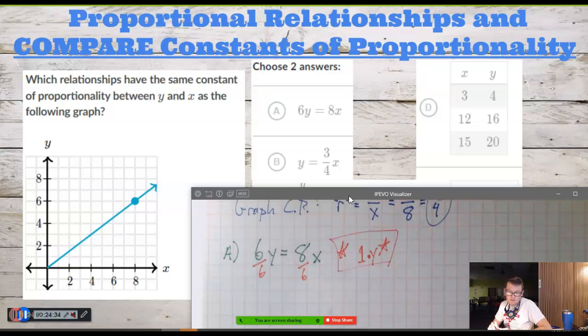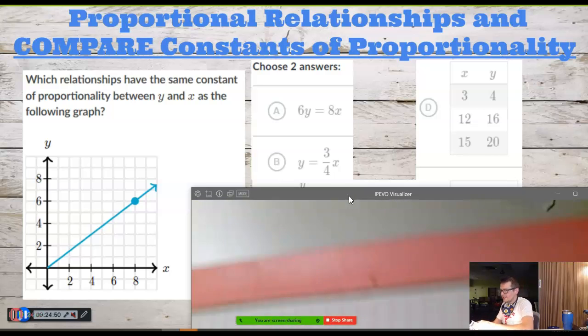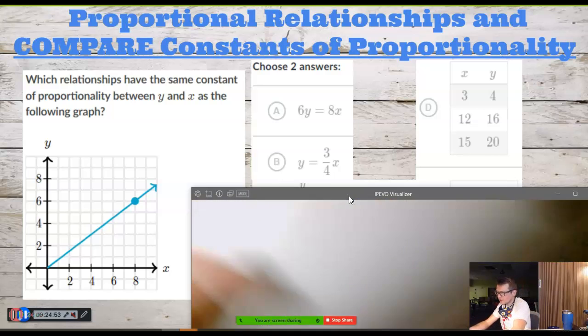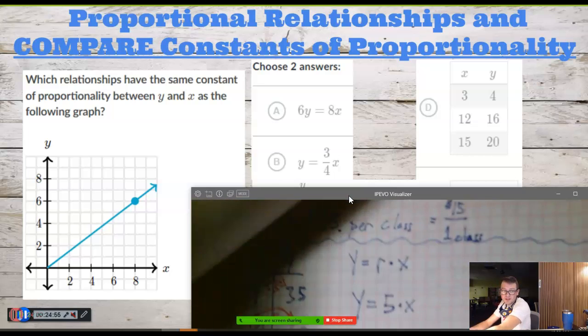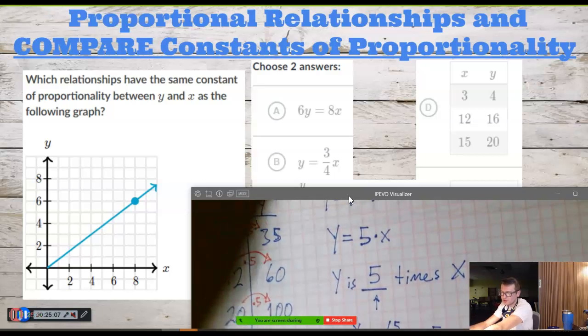I don't really understand. I don't get the whole process. So what don't you understand? We want to be able to talk just like we were earlier in a sentence that says our y value is something, right? Our y value is something compared to our x, and y is always going to be some multiplication of x in proportional relationships.